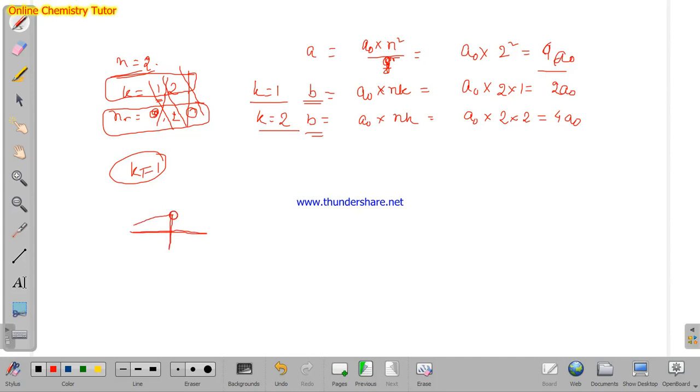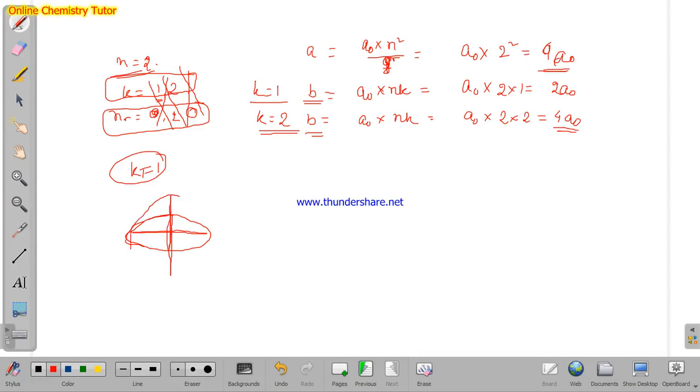So this is an elliptical orbit. And for k equal to 2, the values of a and b will be the same, this is 4a0.